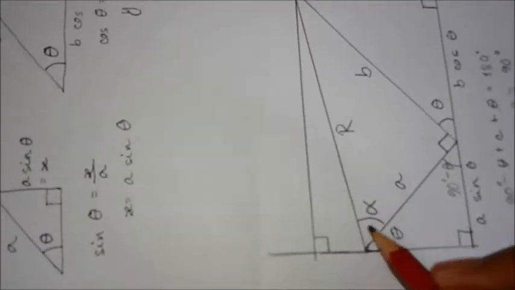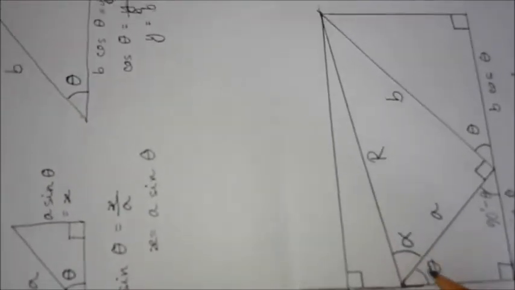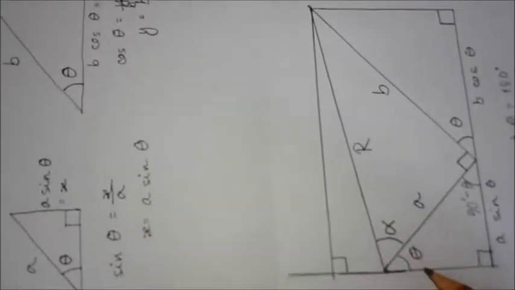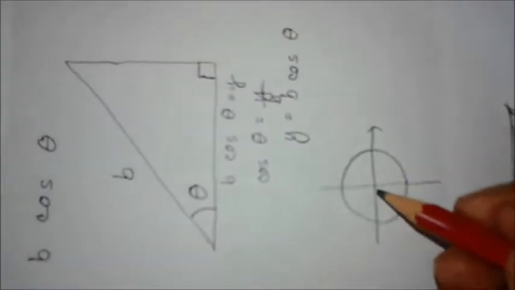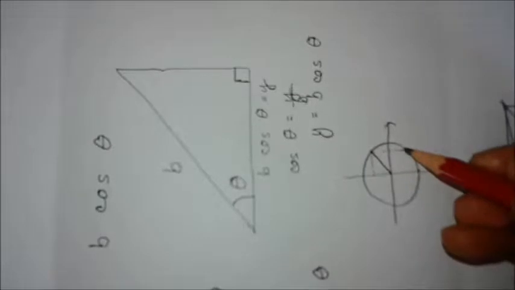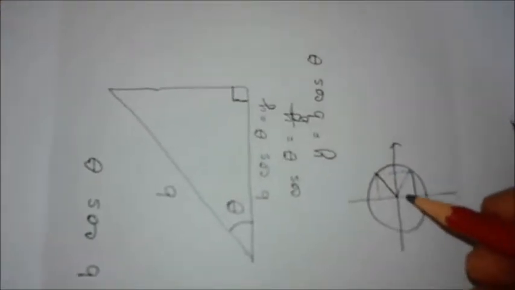So over here we can see that the sum of the angles theta and alpha is an obtuse angle. And how do we find the sine of an obtuse angle? From our unit circle definition, the sine of an obtuse angle is equal to the sine of its supplement.